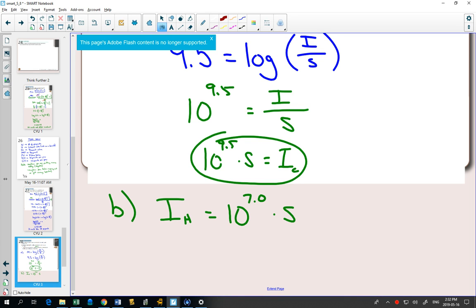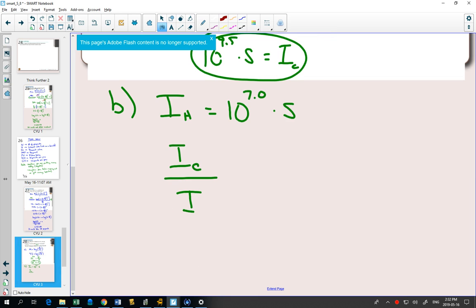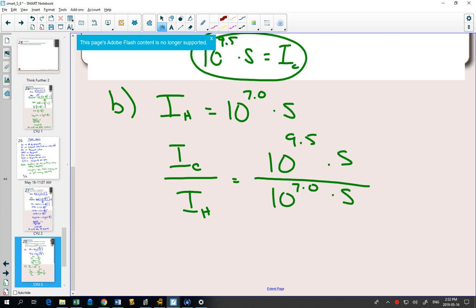And when you want to compare how intense one is compared to the other, you just have to divide them, right? How many times bigger is something than something, you would divide. And so if I take the intensity of the Chilean one and divide by the intensity of the Haitian one, I would get 10 to the 9.5 times S divided by 10 to the 7.0 times S. What would the S's do?